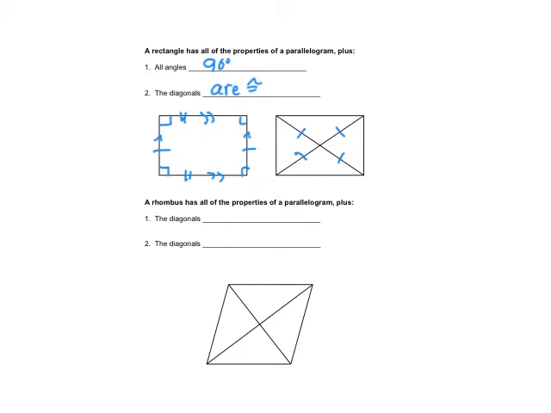Okay, next is a rhombus. A rhombus has all the properties of a parallelogram, plus the diagonals are actually perpendicular. And the diagonals bisect the vertex angles. They are not equal though. So the diagonals bisect the vertex angles. So if I mark up this rhombus, what happens in a rhombus is the diagonals create 4 right triangles.